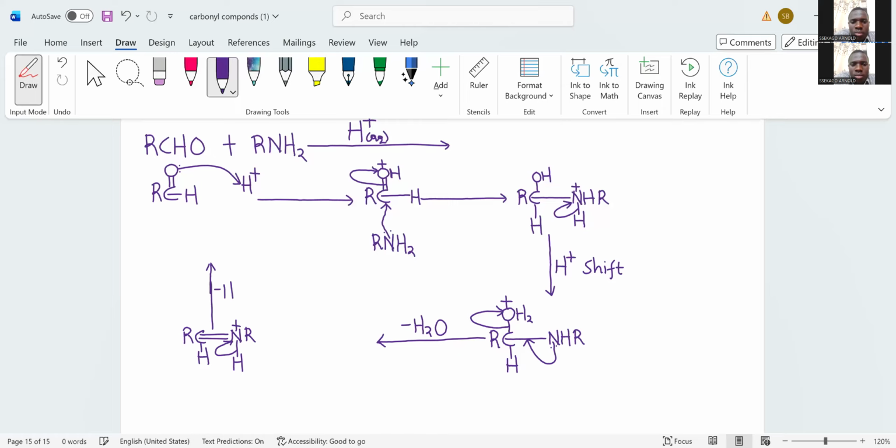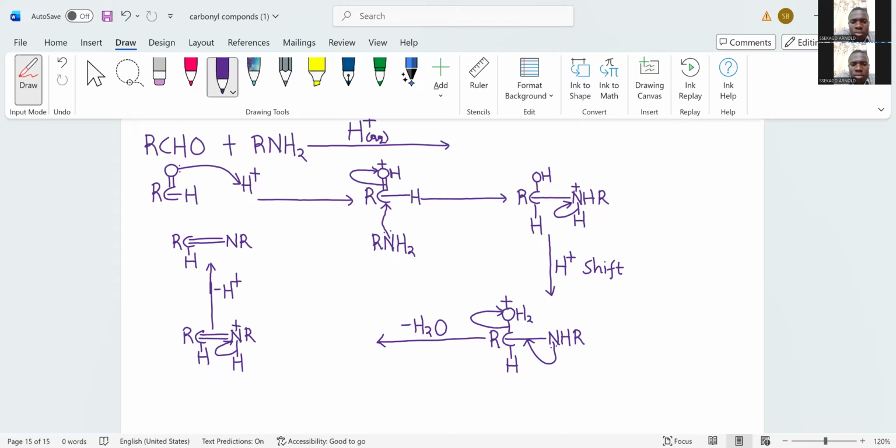Minus hydrogen ion. Then we form RCH, this is a double bond, NR. You see, now what do I have?